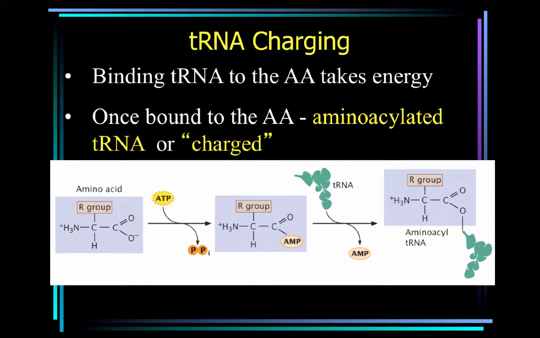So this is where we start to see our energy transfer that really characterizes the transfer RNA charging process. At the end of this process, the transfer RNA is going to be linked to its appropriate amino acid.